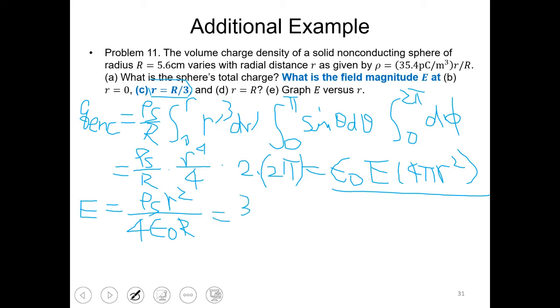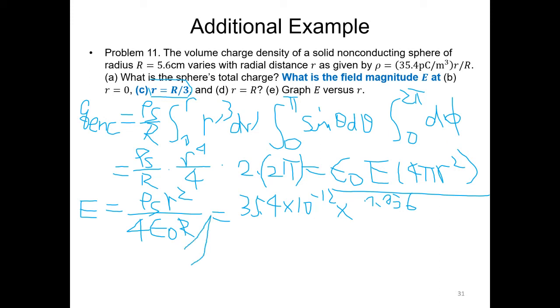So actually it's something like this, and we can substitute. Rho s is 35.4 times 10 to minus 12 times R is 0.056. Or maybe I should write it as E when r equals capital R over 3.